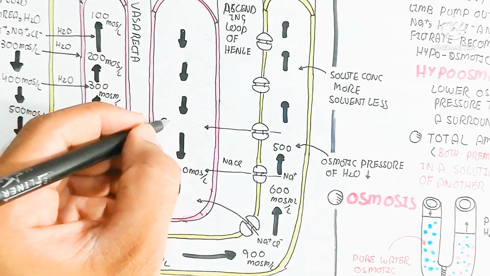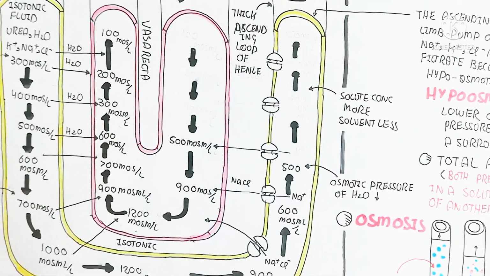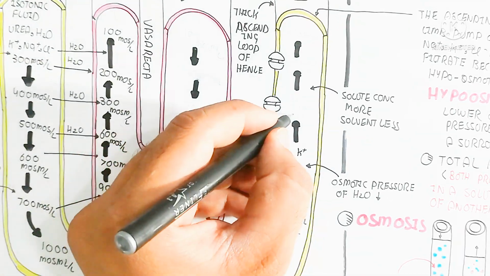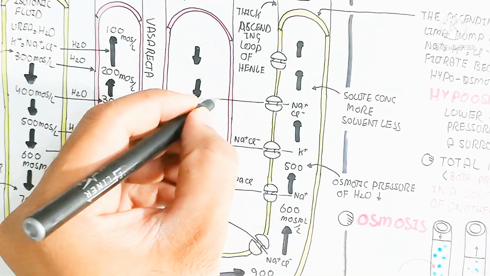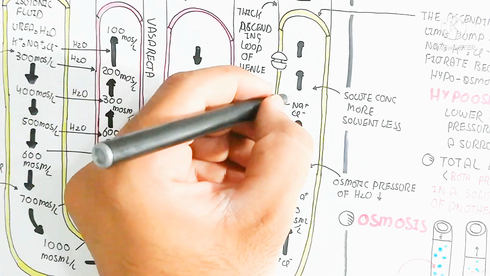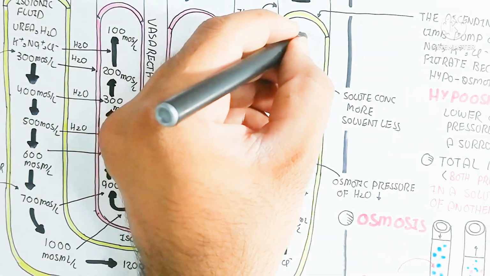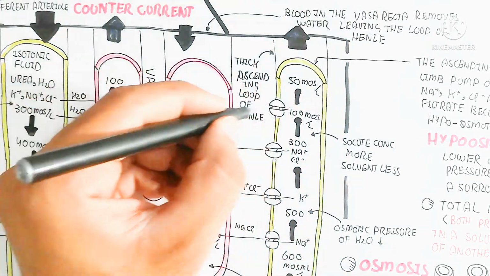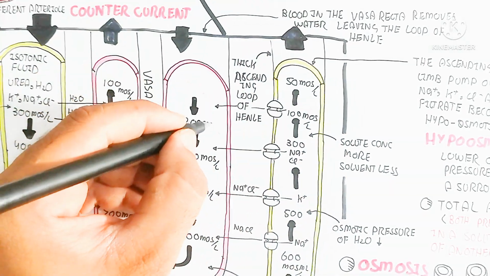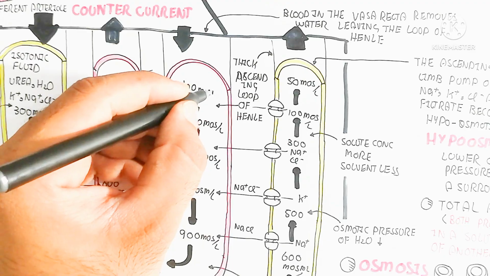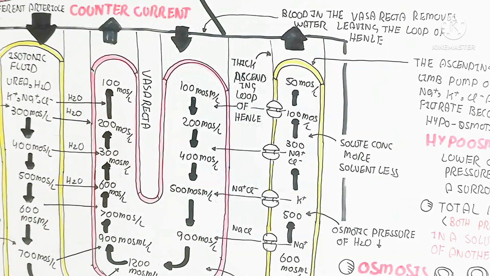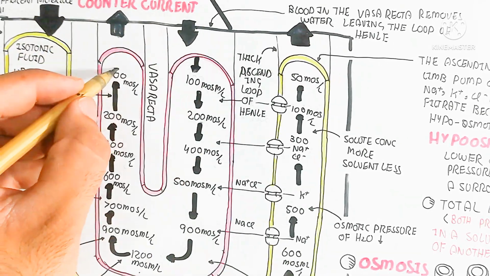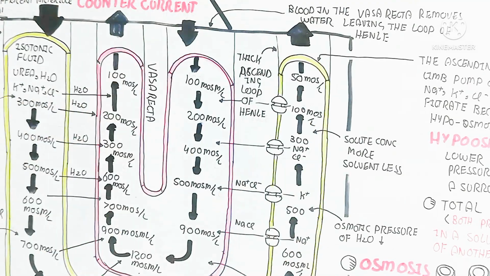So in this way, in the opposite direction of the vasa recta, the sodium chloride and the solute basically will enter into the vasa recta through the semi-permeable membrane. In this way the concentration of the solute will increase in the vasa recta oppositely, so the milliosmol per liter will increase, leading to the opposite direction as shown in the figure.